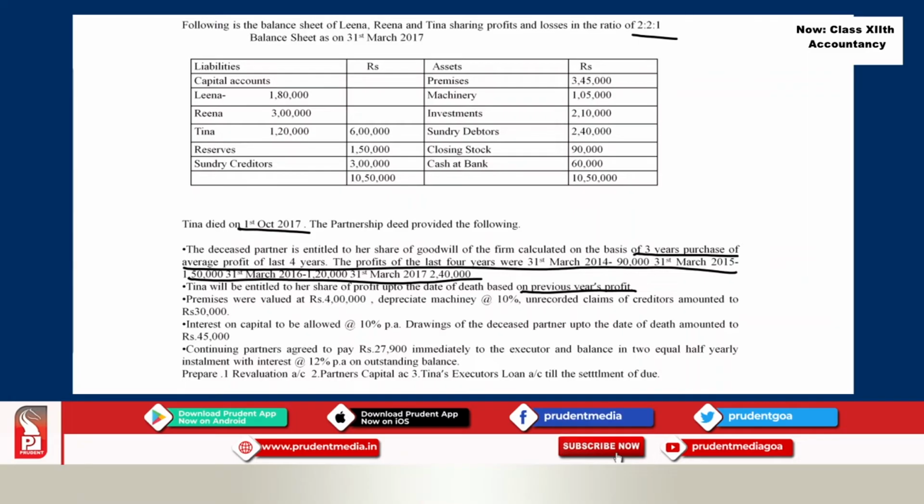Drawings of the deceased partner up to the date of death amounted to 45,000. Continuing partners agreed to pay 27,900 immediately to the executor, and the balance in 2 equal half yearly installments with interest at the rate of 12% per annum on outstanding balance.